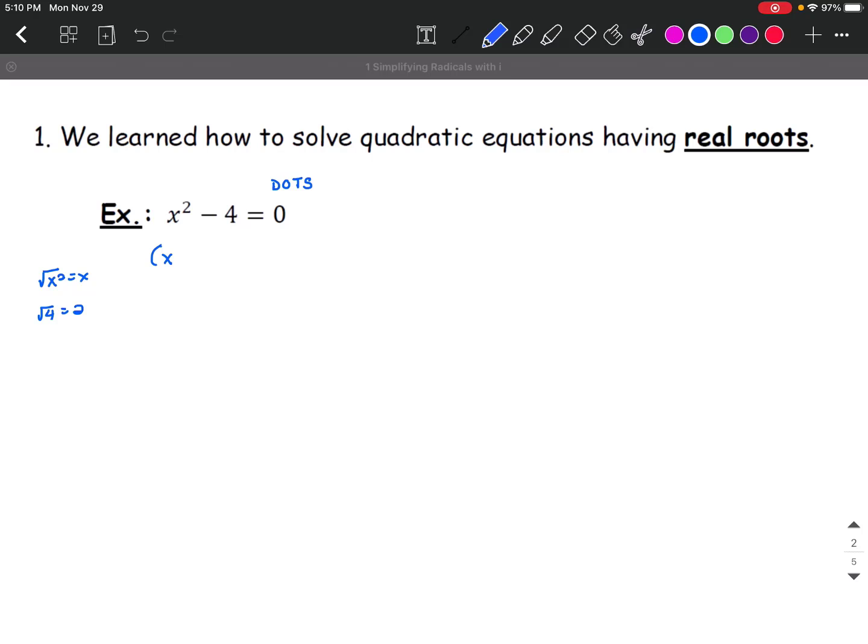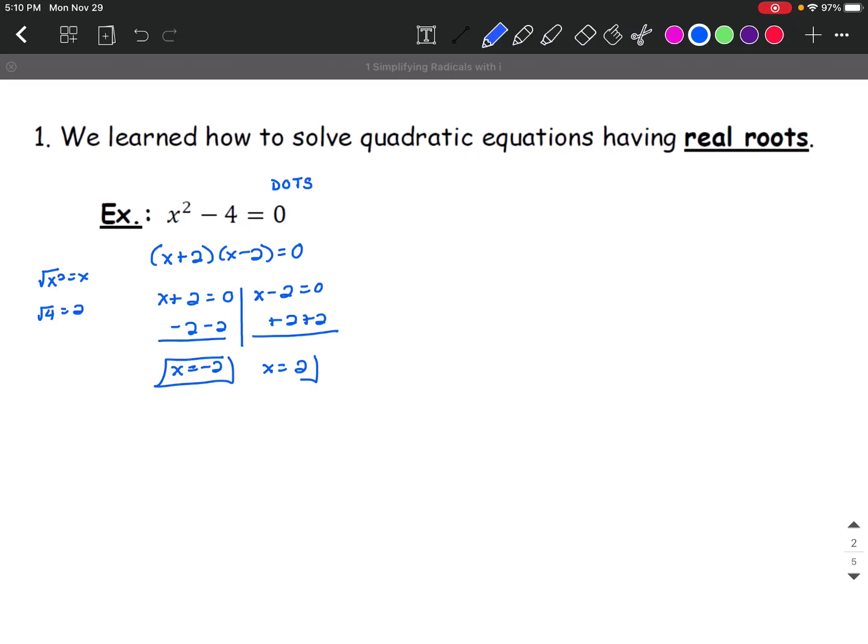And this would factor to x plus 2 times x minus 2, and that would give us 0. We would set each factor equal to 0. For the first little equation, we subtract 2 from both sides, and we get x equals negative 2. For the second equation, we add 2 to both sides, and we get x equals positive 2.